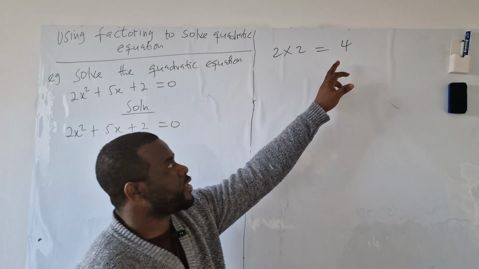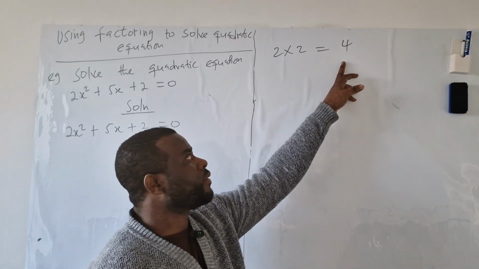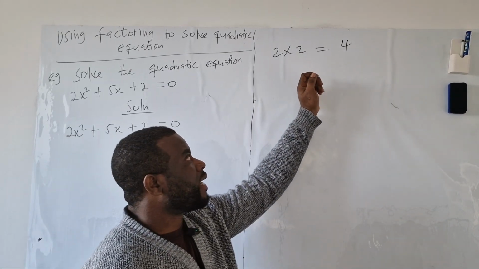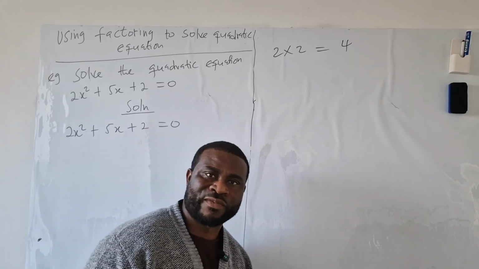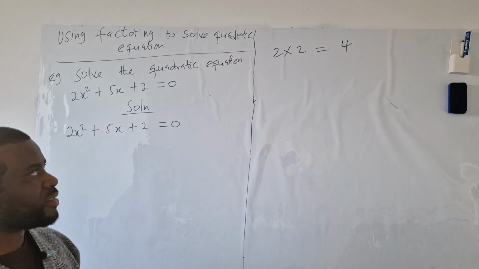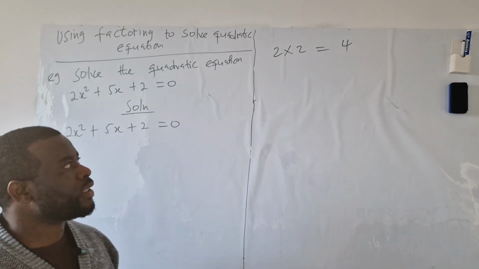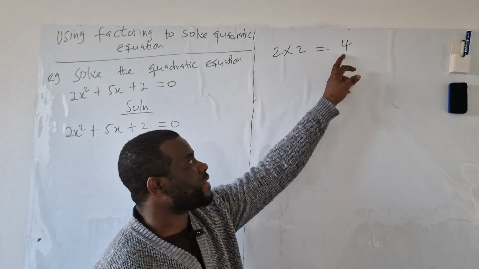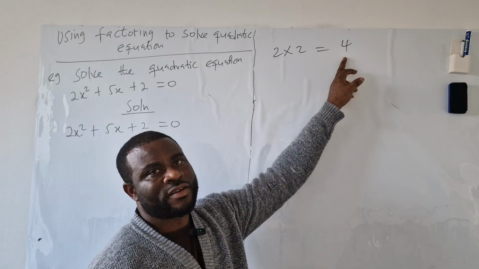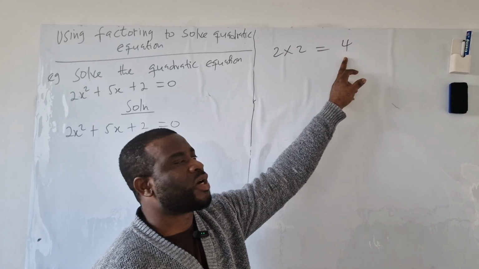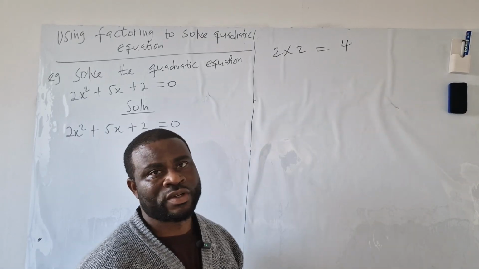Now, what do you do with this product that we are getting? Having finished multiplying the coefficient of x squared by the constant to get a product, the next thing to do is to find the factors of that product. So you're going to find factors of 4.